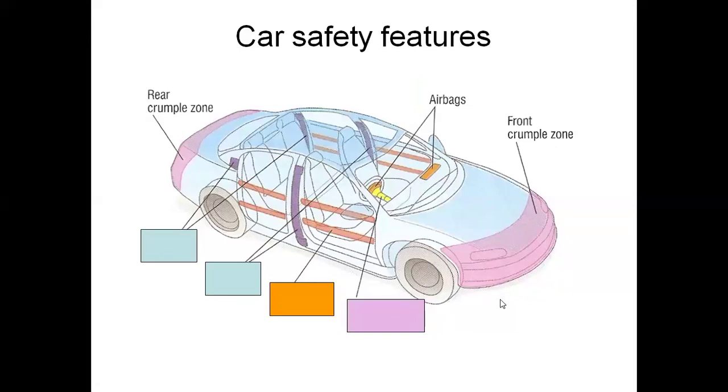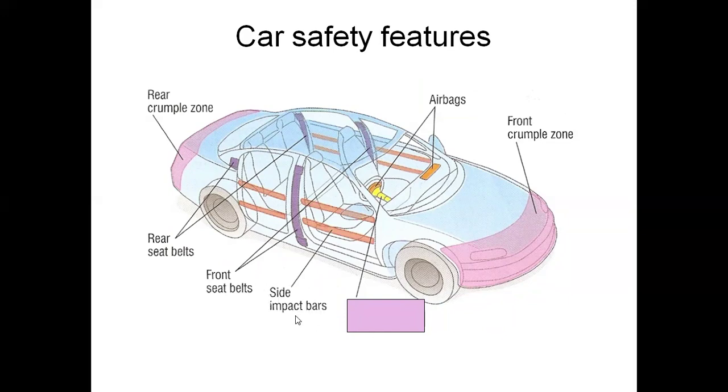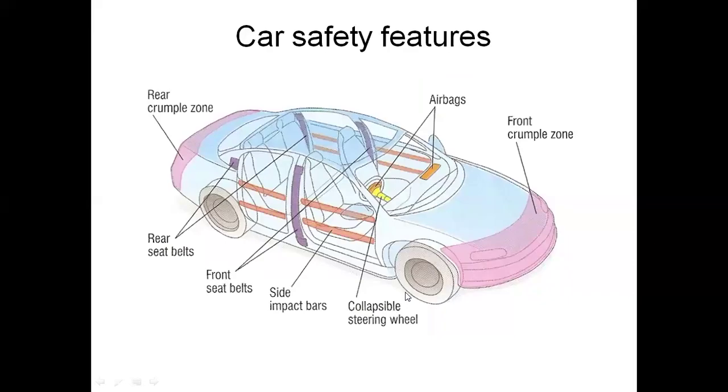They are just being labeled: airbags, rear seat belts, front seat belts, side impact bars, and collapsible steering wheels. The steering wheel collapses when a car hits a wall or any accident occurs, so it will keep the person safe from injury.